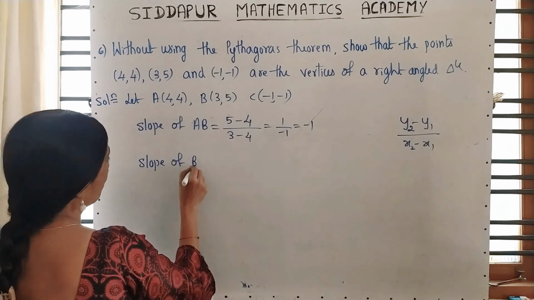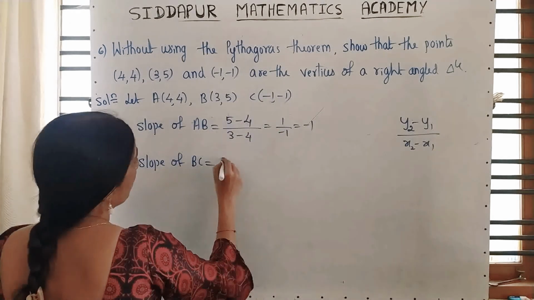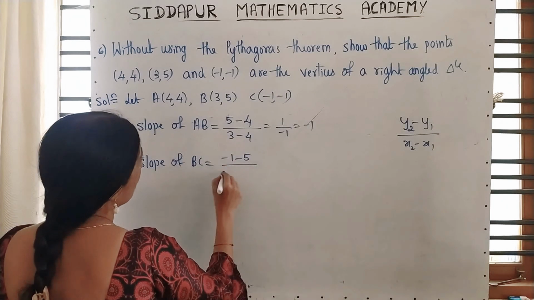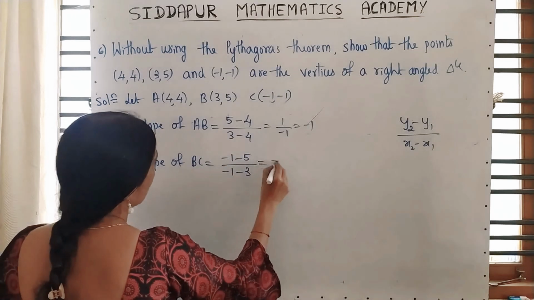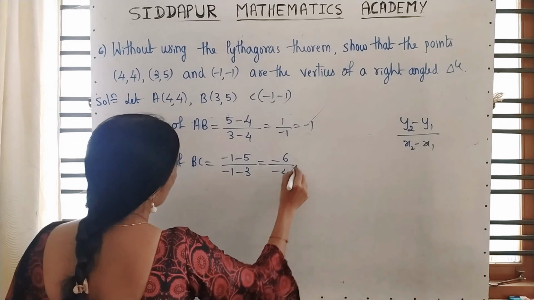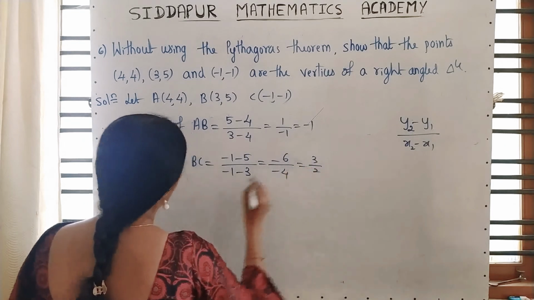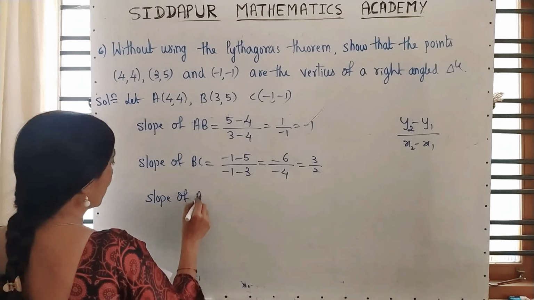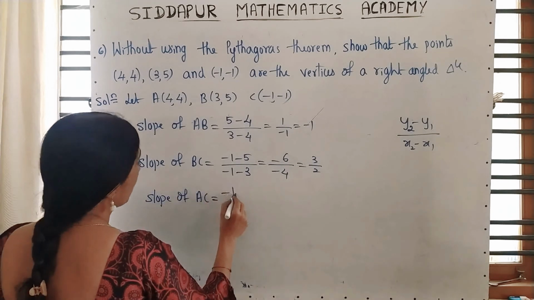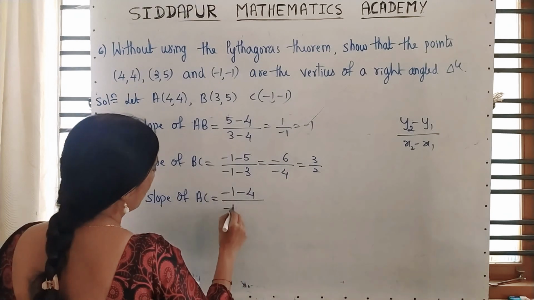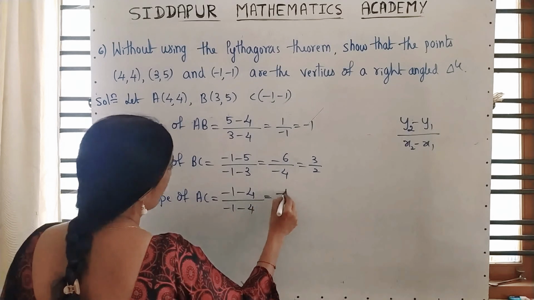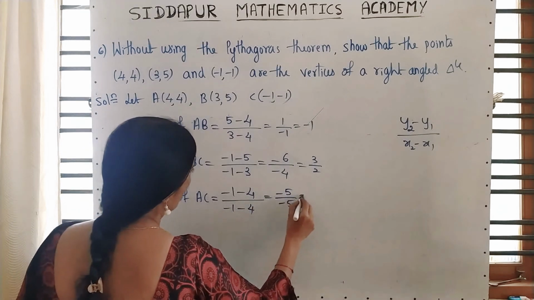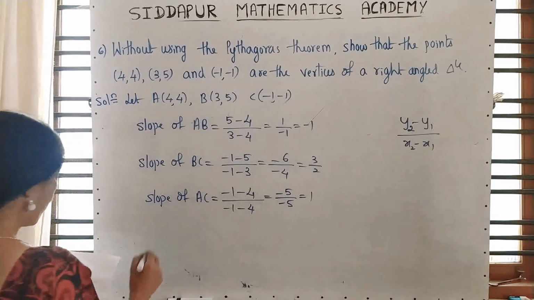Slope of BC: -1 minus 5 upon -1 minus 3. -6 upon -4 is 3 by 2. Next, slope of AC: -1 minus 4 upon -1 minus 4, -5 upon -5, that is 1.